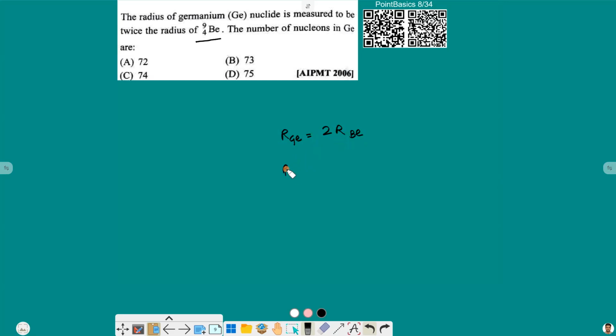So the radius of germanium will be equal to R_0 into the number of nucleons in germanium, let's say that is A_Ge, raised to power 1 by 3, which will be equal to twice R_0 into 9 raised to power 1 by 3 for beryllium. So we can cancel R_0, and if we take the cube of both sides, we will get A_Ge is equal to 8 times 9, that is basically 72. So option A is the right answer here.